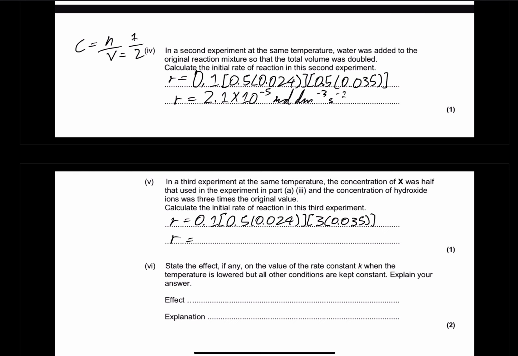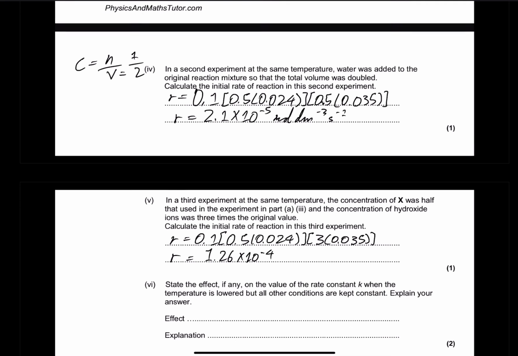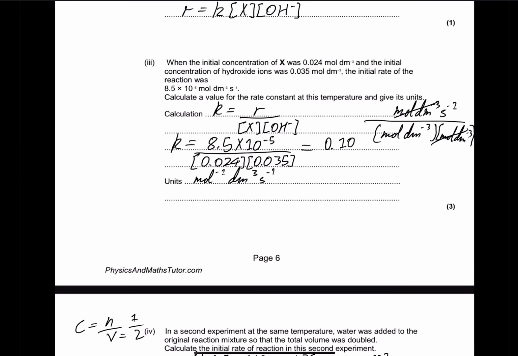I can actually leave this as the same thing on my calculator, but just times that by 3. And I got here 1.26 times 10 to the power of minus 4. I'm just thinking to myself, how many significant figures they gave us.